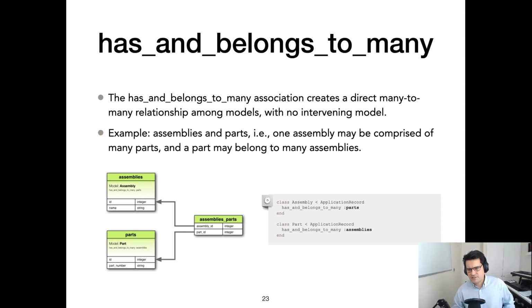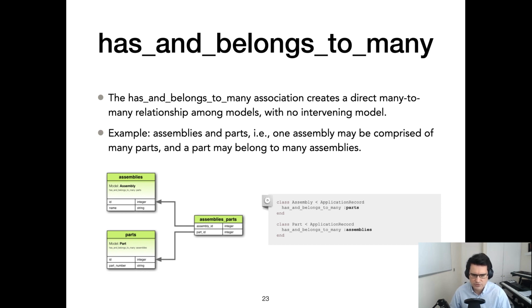Then we've got the has and belongs to many association, which is the standard way of associating objects in models in a many-to-many relationship. Whenever you see that, the join table doesn't make sense to use as a model. In this case, you see that you got assemblies.